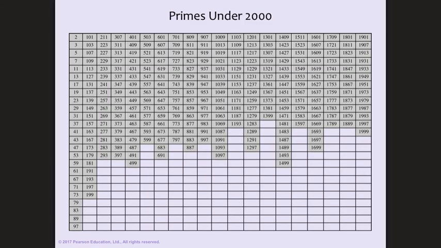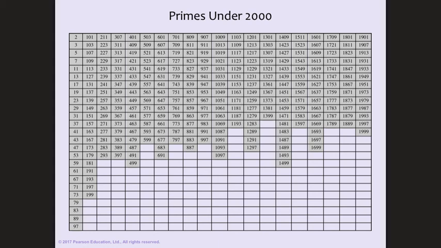Now, this table is meant to show you what the prime numbers look like in the range from 0 to 2000. One big issue of number theory is actually figuring out the prime numbers in a particular range.